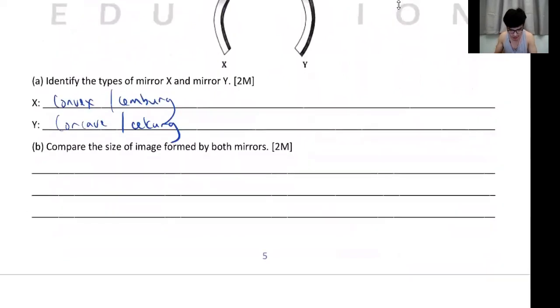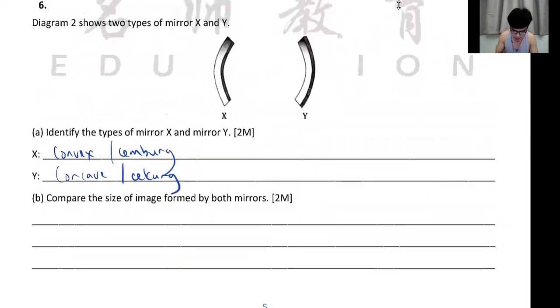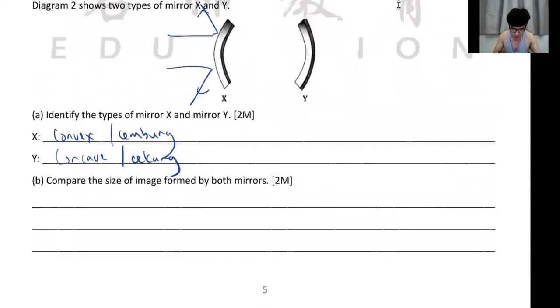So compare the size of image. Like I said, this one is to bounce all the light away, so you look very small. This one is to zoom out. So the image is very small. Whereas this one, I focus light on one point. When I focus something, the thing will zoom in, so the image will be big.